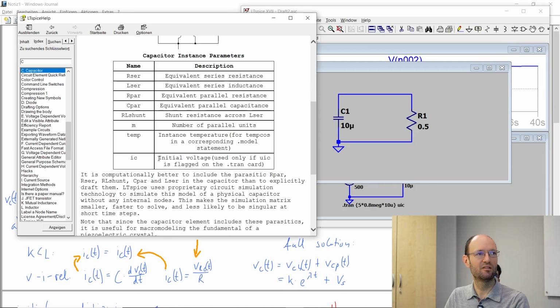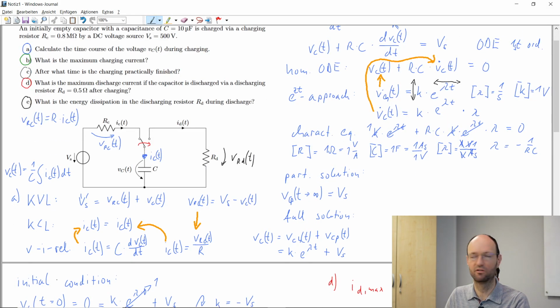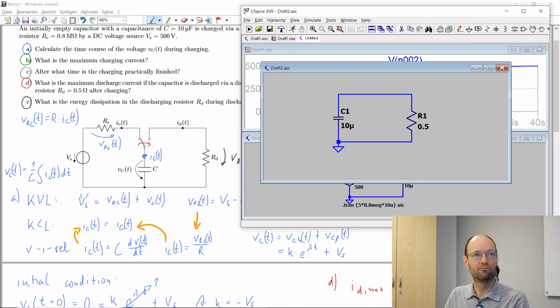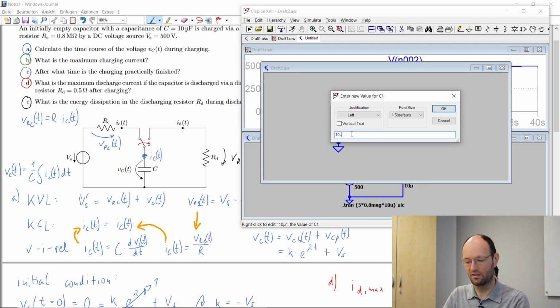Yeah, so IC is the initial voltage, and this is also only used if this UIC option is activated, is flagged. So IC stands for initial condition, like the initial condition that we used in our calculation. And it's a bit crude to set this, so you need to click on this with the other mouse button, and then you can say IC is 500.